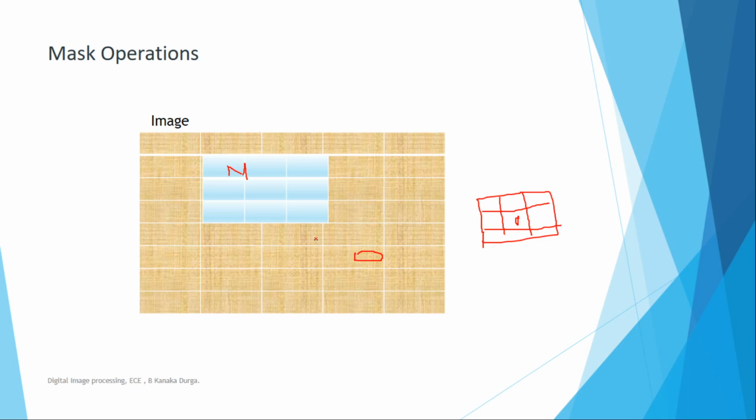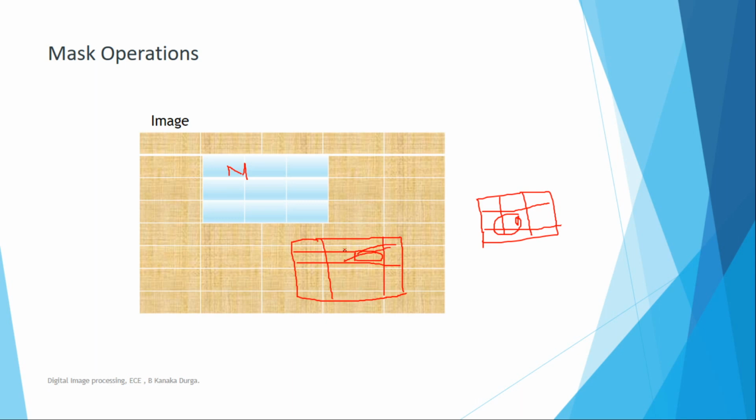So if I keep the mask on the original image in this way, the grid sizes are different over here, but the center of the mask has to coincide with this pixel value.